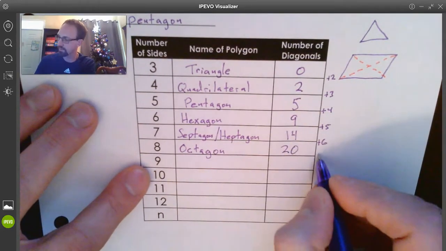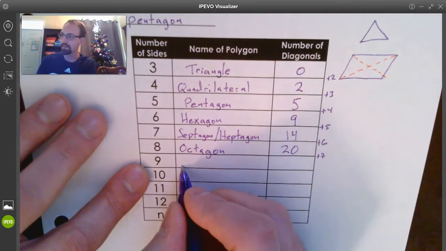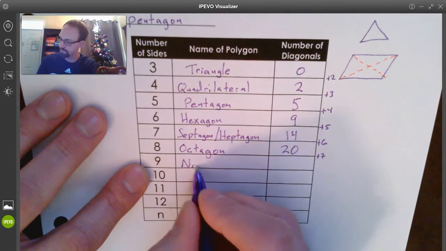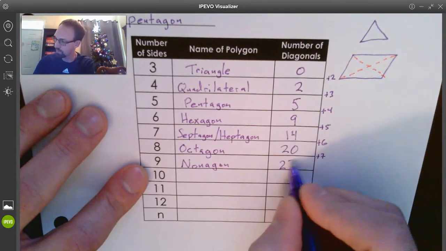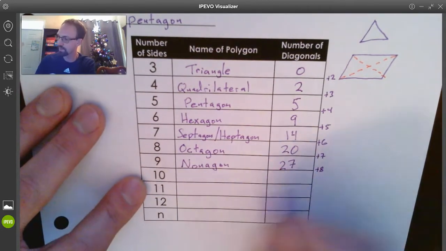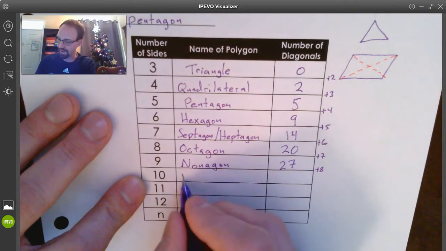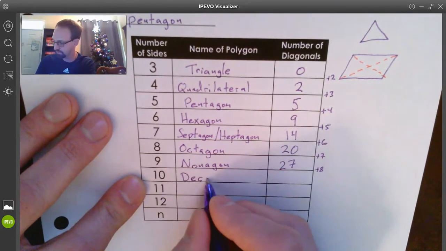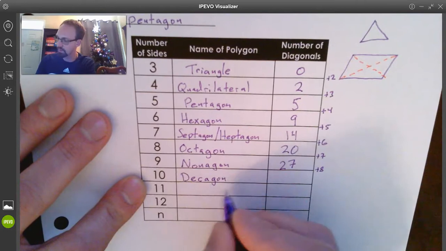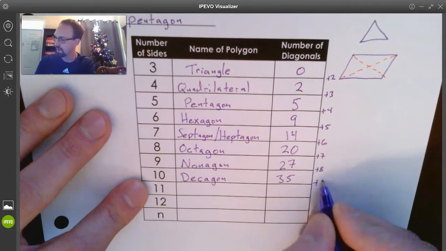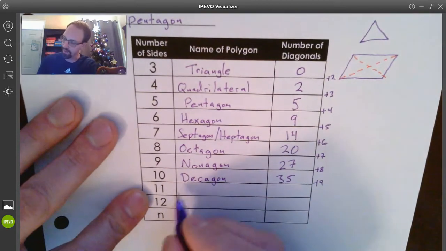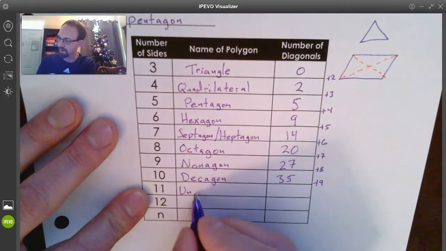That is 20 diagonals. A 9-sided shape is a nonagon. 27 diagonals. A 10-sided shape is a decagon, similar to a decade being 10 years. 35 diagonals. An 11-sided shape is an undecagon.